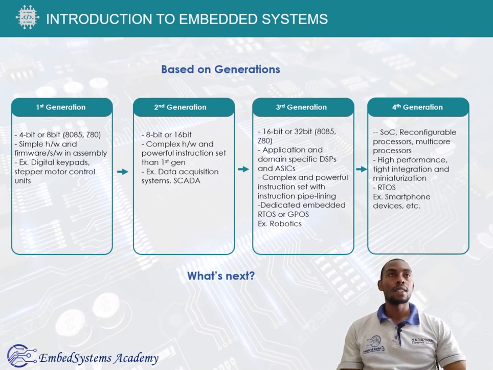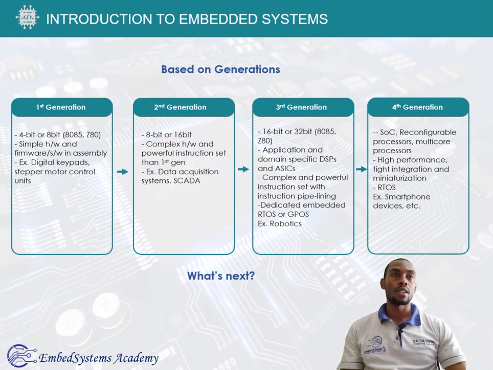And then the third generation is composed of 16-bit to 32-bit embedded systems or microcontrollers, and they are more applicable in digital signal processors and ASICs, because they have a complex and powerful instruction set with instruction pipelining.